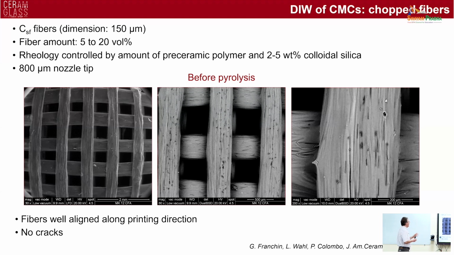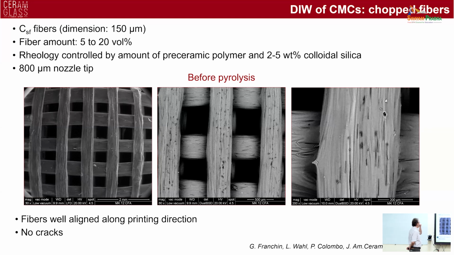So we started with a little amount of fibers, and then we proceeded to increase it to 20 volume%. And we controlled the rheology of the ink using a little bit of colloidal silica, and we used a large nozzle tip in order to be able to extrude the material efficiently.